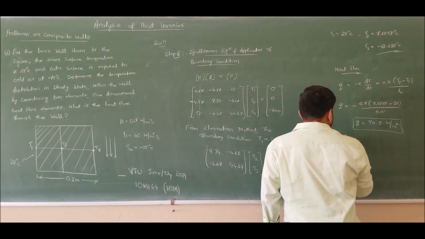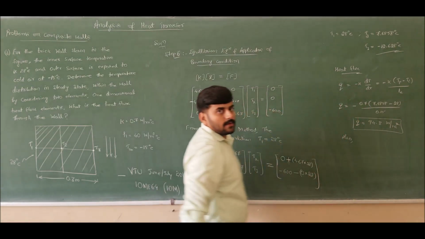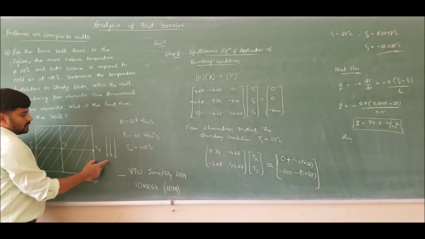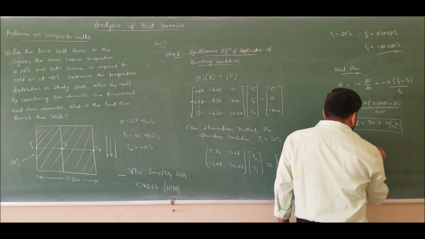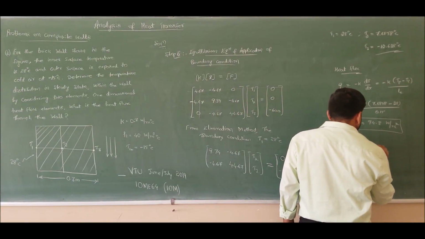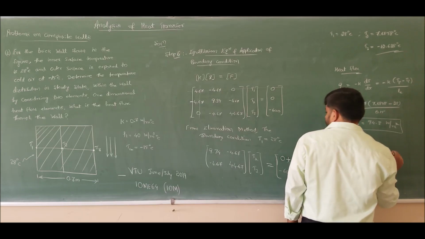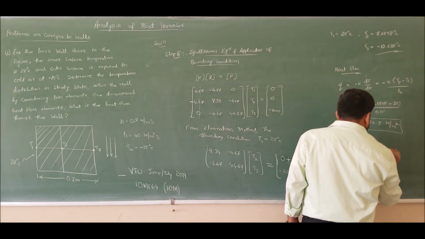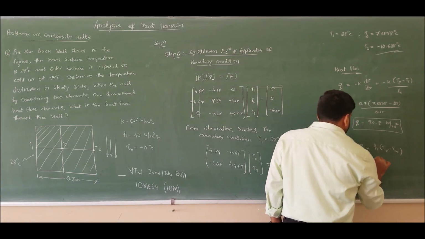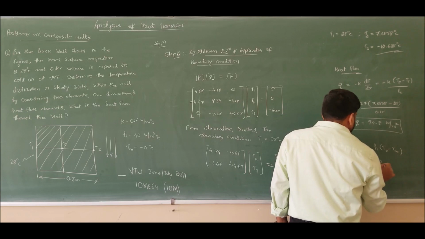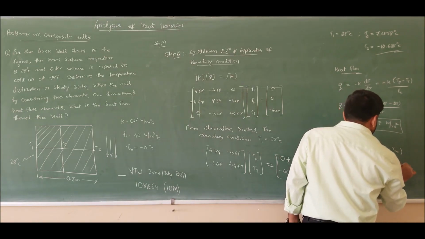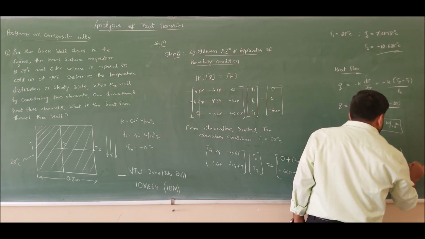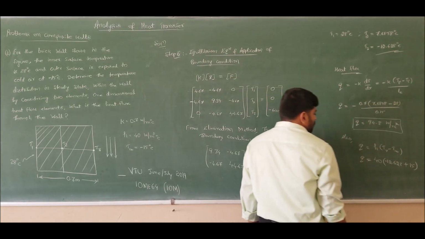Also, if I want to verify the answer, I can compute the flux due to right hand convection. If I do that, I will get q equal to h times temperature difference, that is T3 minus T infinity. So the value of h is 40, T3 is minus 12.628, T infinity is minus 15, minus of minus will become plus 15.